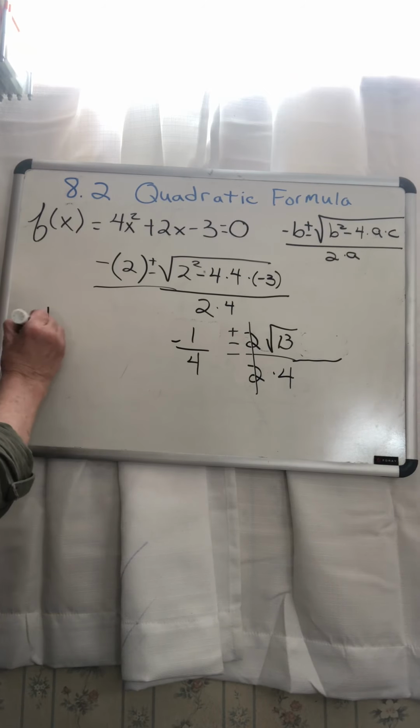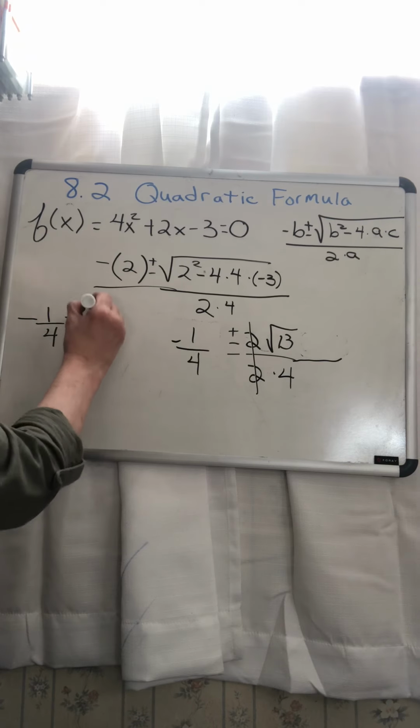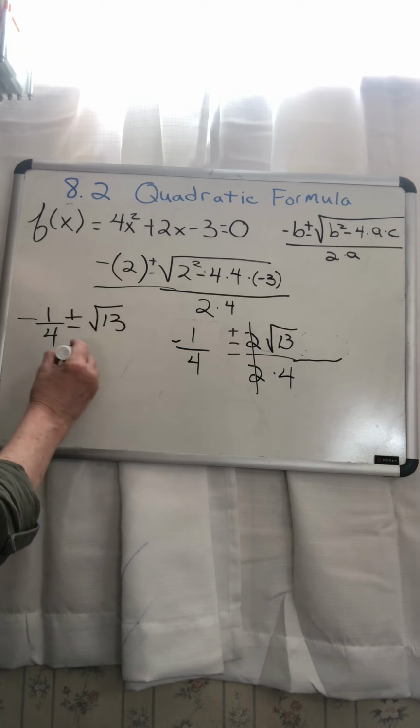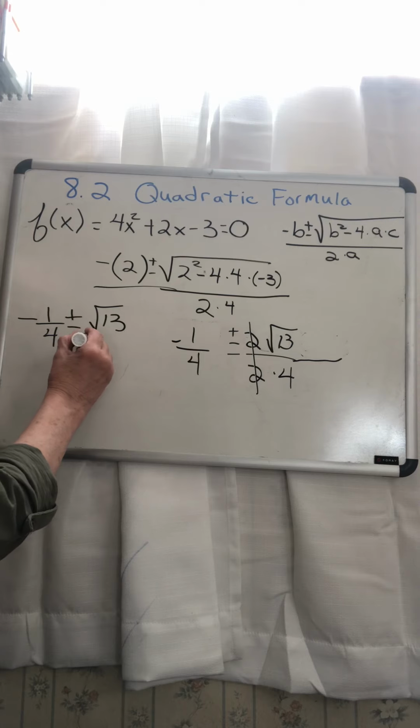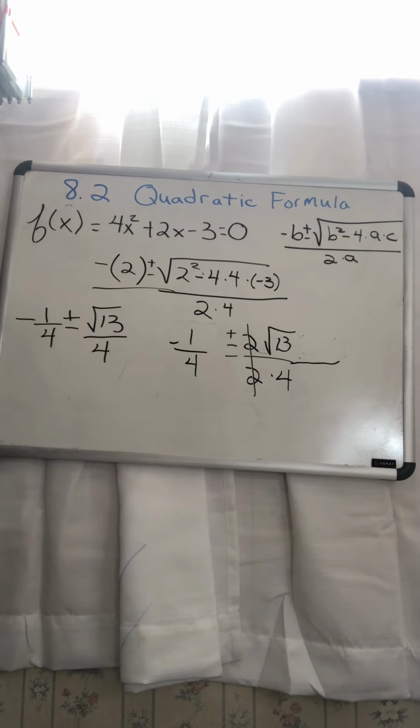Okay, I'm going to clean this up just a little bit. Plus or minus square root of 13, and the 13 is over the 4. So basically this is what we have right now. And so our final answer would be 2 solutions.